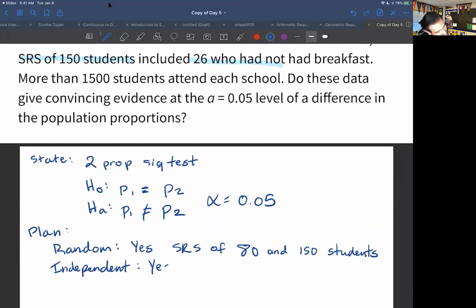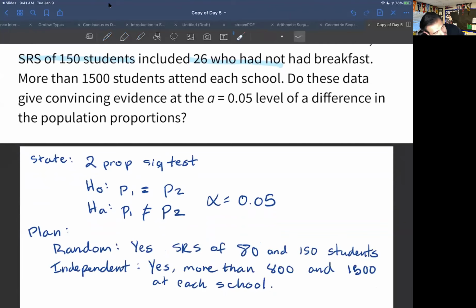I can say yes, more than 800 and 1,500 at each school. How do I know that? Because it tells us. For the second sample, it is 1,500. That's why it has to be less than or equal to 10%. So we're still solid there.